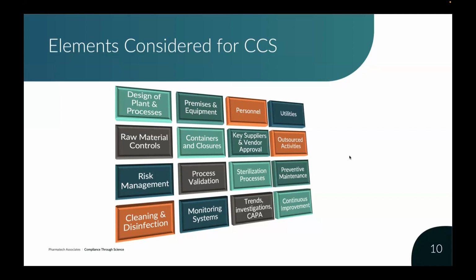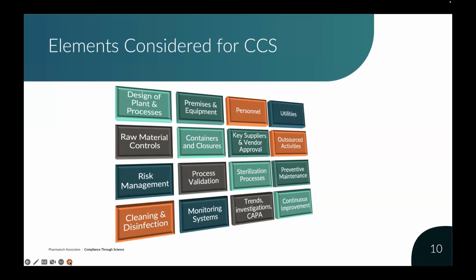Are they flagged in a particular way so that they can be pulled from your CAPA or investigation systems? Trending is a very important aspect called out in the new Annex 1 revision. There is an expectation of maintaining trends on the various data you collect for both particulate and microbial contamination. And of course, continuous improvement strategies: are there periodic reviews and potential improvements of the contamination control strategy?